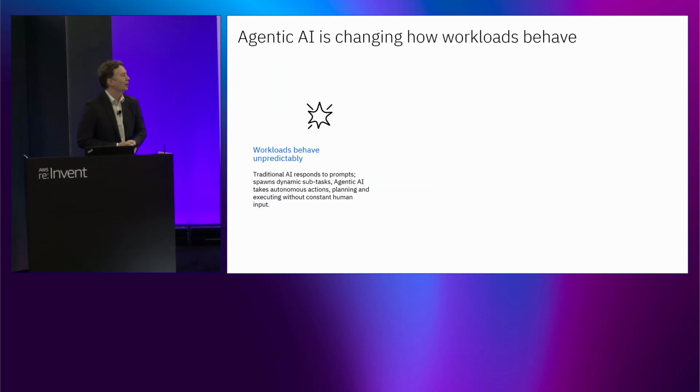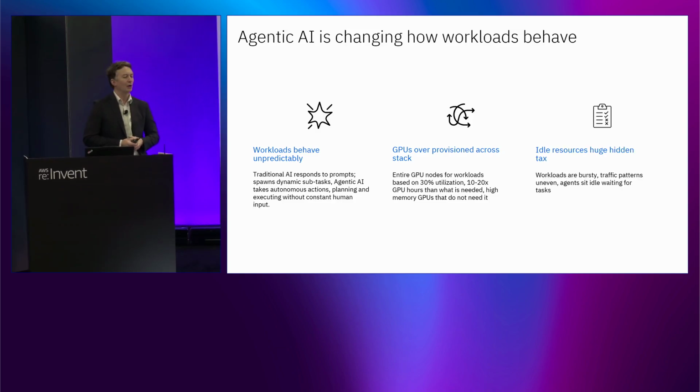All right, so talking a little bit about how agentic AI is changing how workloads behave. With traditional legacy apps, they typically follow a linear process. A request comes in, it gets processed, and it consumes resources. And this typically follows a straight line. As more users show up and hit the site, for example, then resources get consumed in a linear fashion.